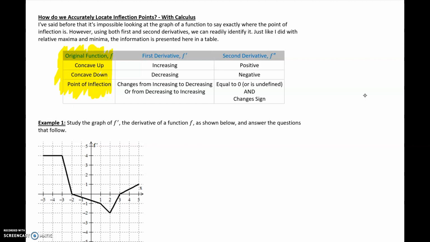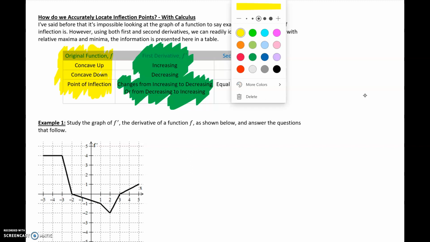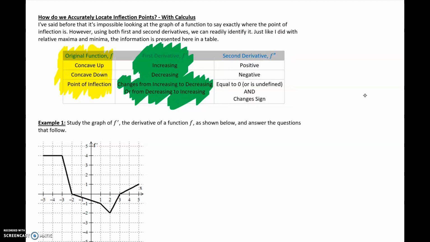But what we're actually going to see is either the graph of the first derivative or the graph of the second derivative. We're going to be asked to answer questions about the original function, which we will never see. We're not going to see the original function, but we'll be asked about it.